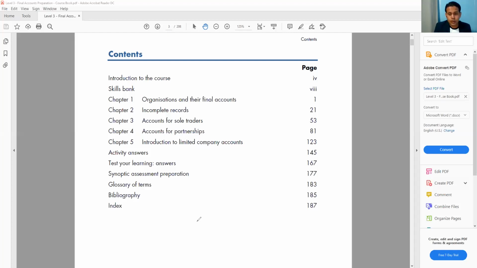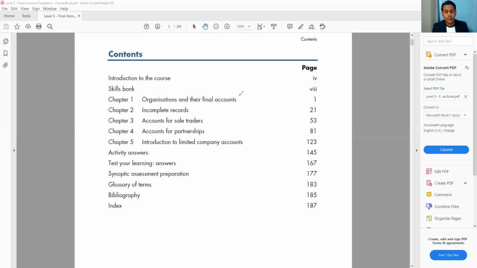So what is the difference between financial accounting and management accounting? The main difference is that financial accounting is mainly used for external purposes, for example, for reporting.